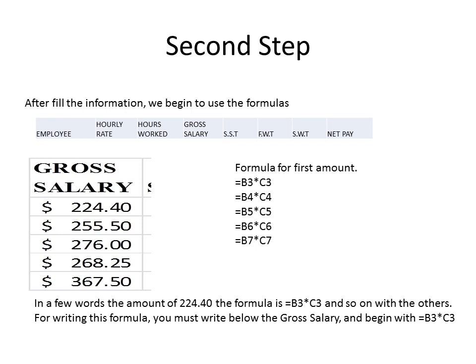Once you press enter, the number 224.40 pops up, and you do the next blank cell and follow the same formula. The only thing that you need to change is the number: 4, 5, 6, and 7. Okay.